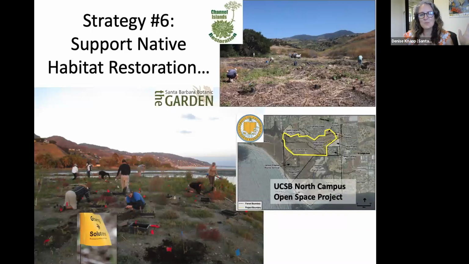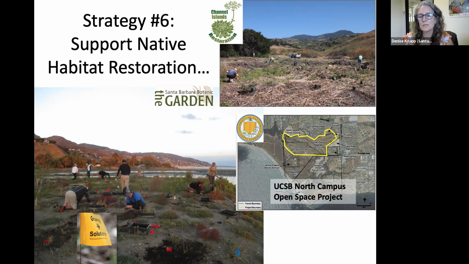Strategy number 6 in the bigger picture is, maybe you don't have a home garden, you don't have that space, you live in an apartment. Support native habitat restoration. Get out there and volunteer and transform landscapes from bare earth or weeds to diverse native plants. You can volunteer for organizations like Channel Islands Restoration, UCSB.